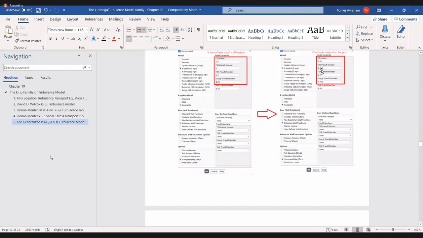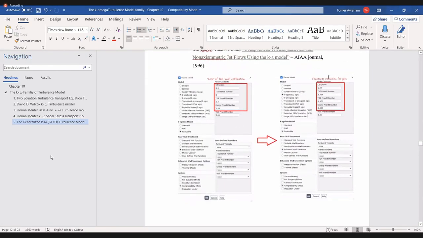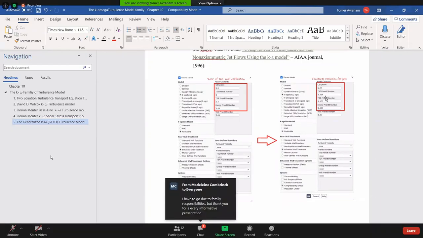Here it's about changing the calibration constants, because we remember that we calibrate. This is also a weird thing that happens with two equation models. You know how we calibrate them, right? According to the law of the wall, a flat boundary layer. And then you use it for very complex flows.